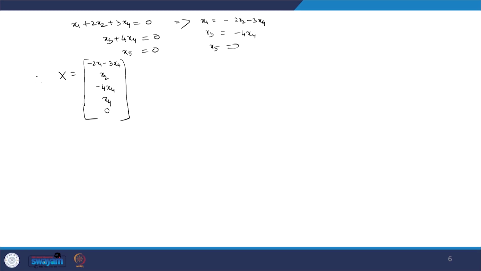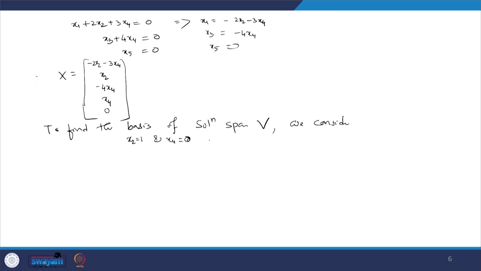Now, to find the basis for the solution space, since there are two variables, x2 and x4, which are considered free variables, to find the basis of the solution space V, we consider x2 is equal to 1 and x4 equal to 0.